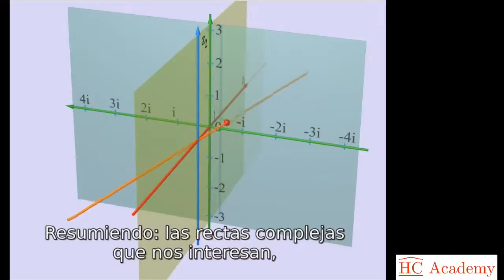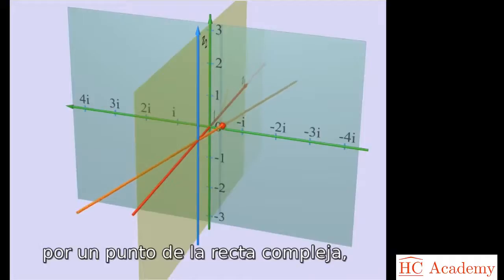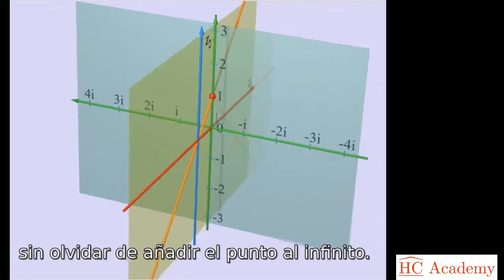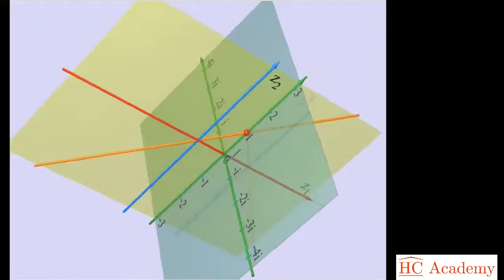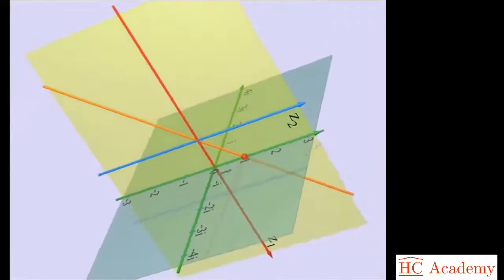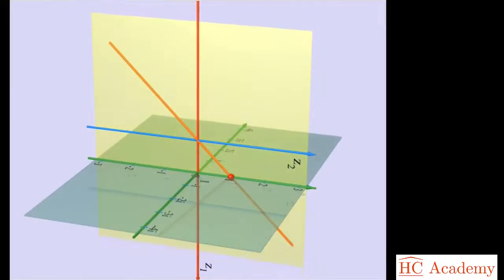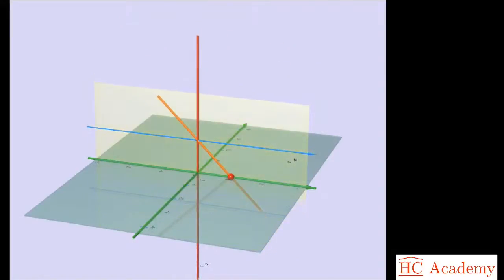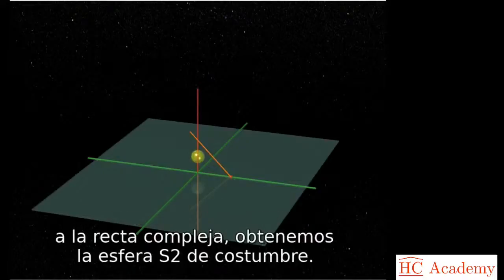Summing up, the complex lines that we are interested in are completely described by a point on the green line and an additional point at infinity. But we already saw that if one adds a point at infinity to the complex line, we get the usual two-sphere.